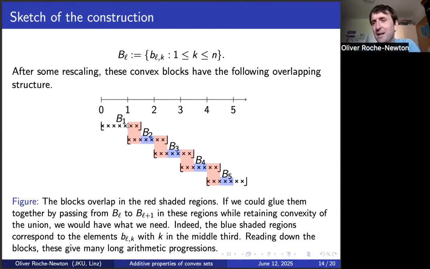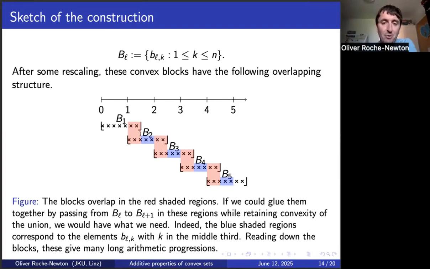So this passing has to be done with some care. And then we'd move along here and do the same thing now in the next red block, pass down from B2 to B3. And if we could do this, we'd know that these blue bits in the middle are guaranteed to be in this union, because we're going to hit them every time because of the way these intervals overlap with each other.